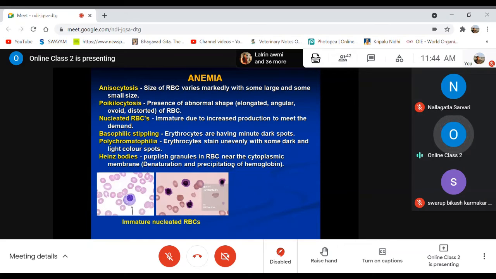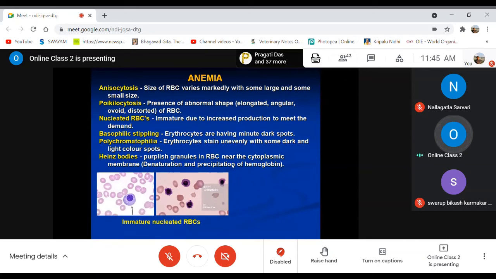And when there are a number of nucleated RBCs in an animal on blood examination, that means there is increased production of immature nucleated RBCs to meet the excessive demand for blood when there is excessive loss of blood, and the body tries to compensate for the increased demand.